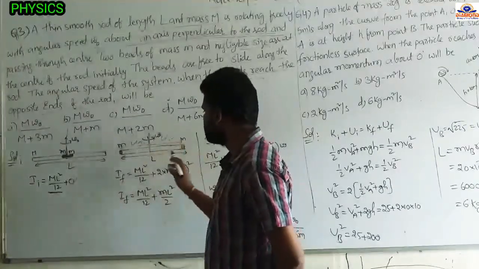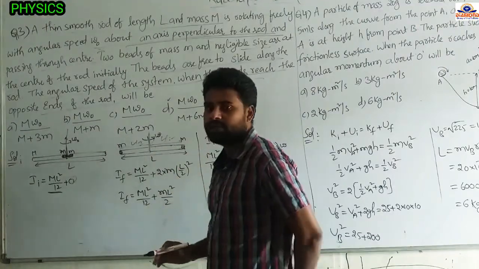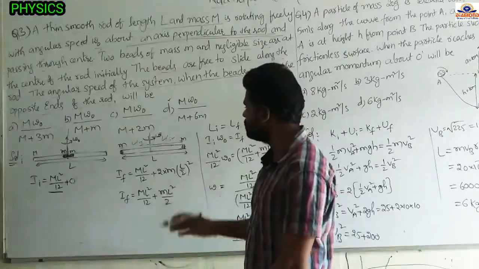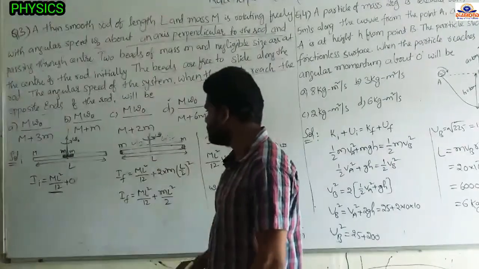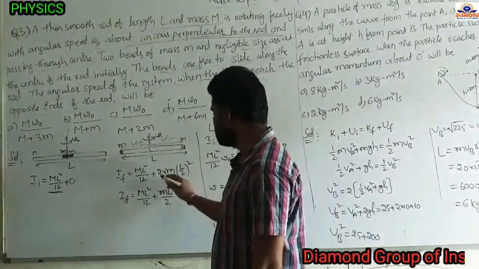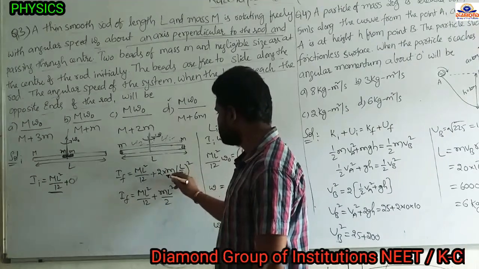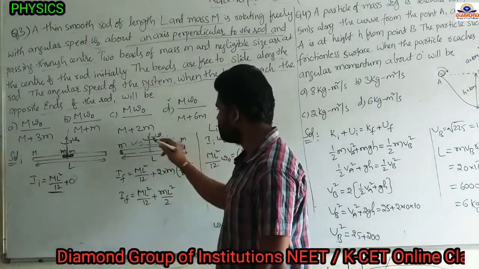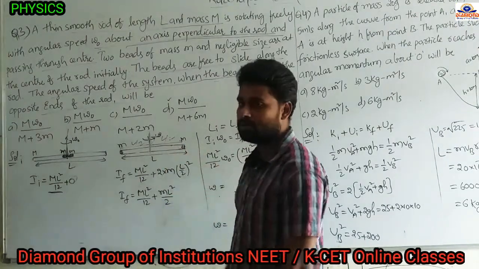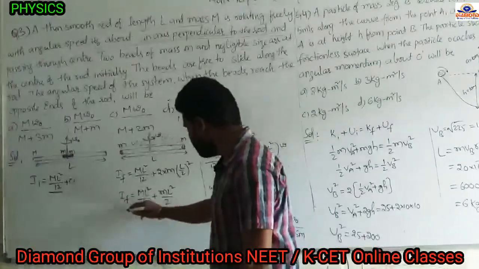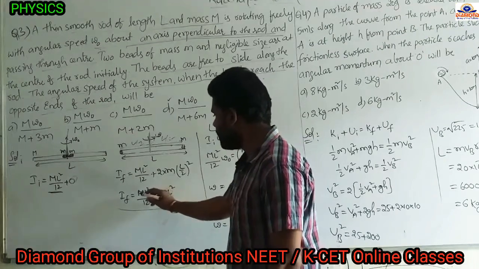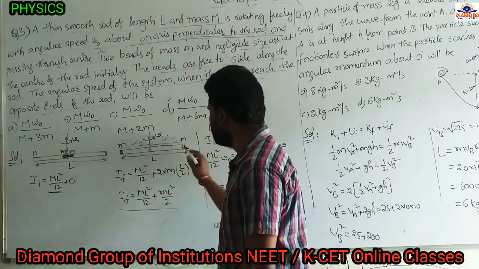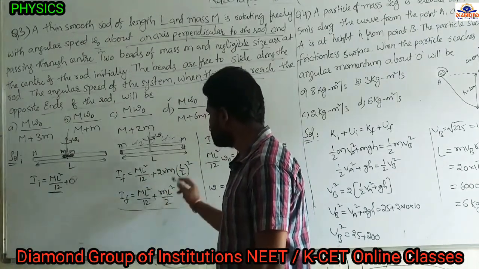The other bead has the same moment of inertia, since both are identical beads at the same distance. So due to both beads, the moment of inertia is 2 into m into (L by 2) whole square. After simplification, the final moment of inertia is ML square by 12 plus mL square by 2. Here capital M is the mass of the rod, and small m is the mass of the beads.